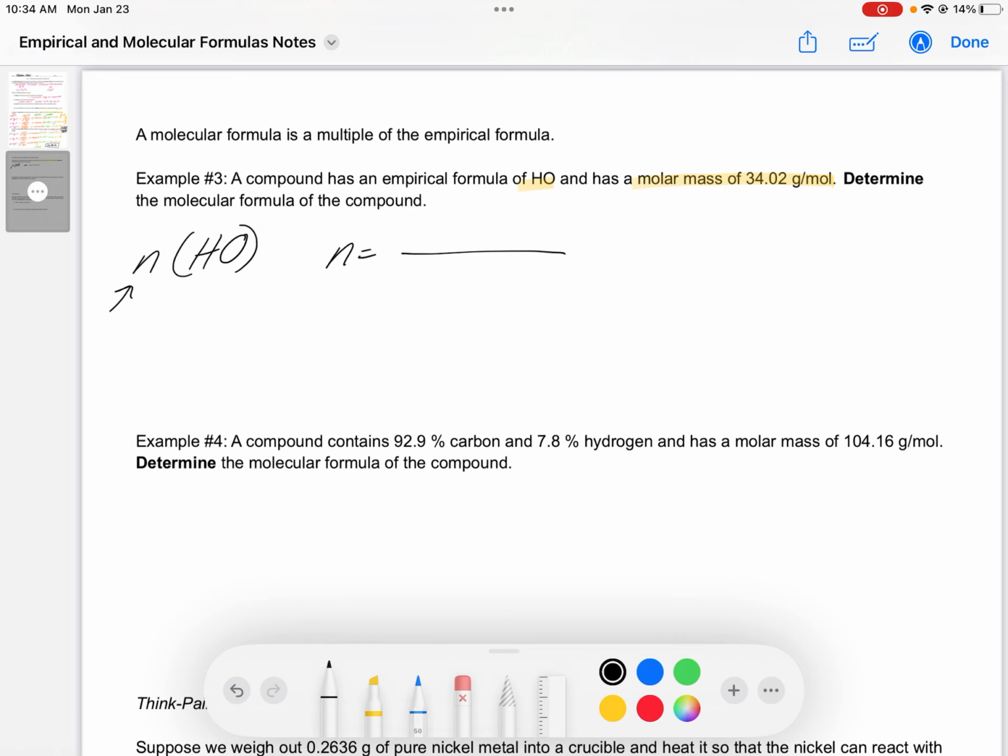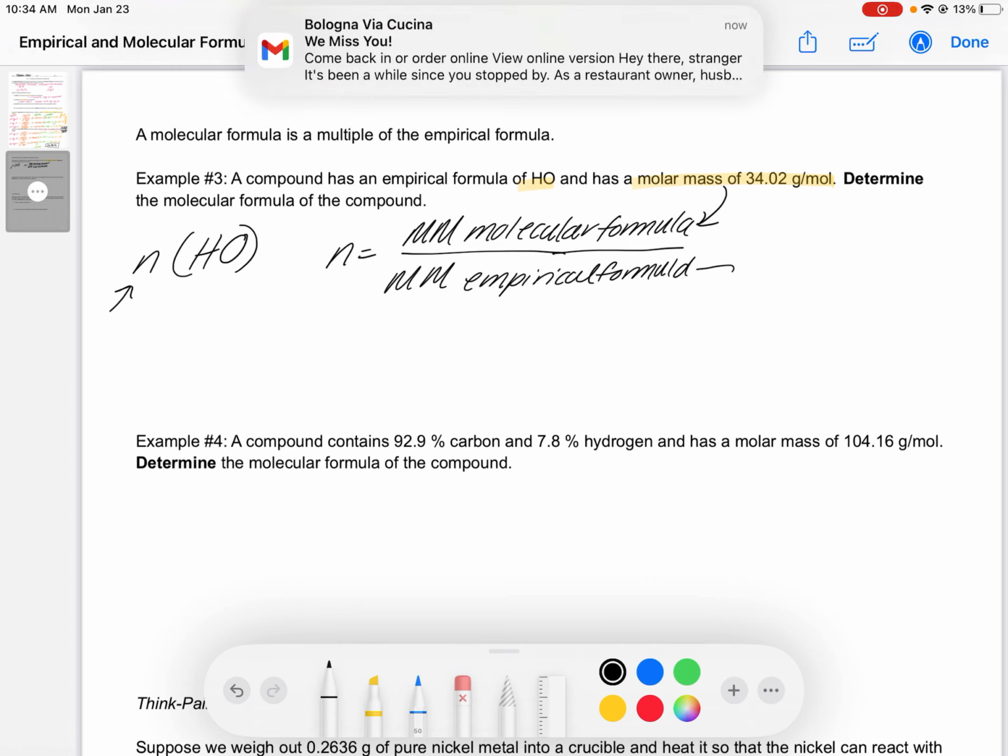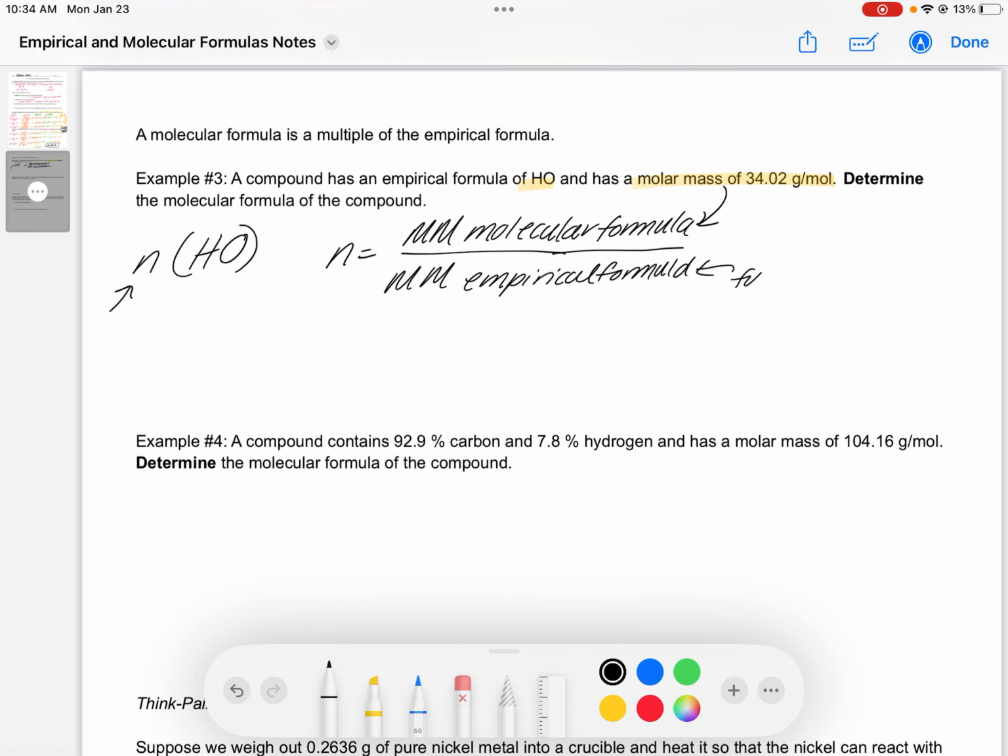To find n, we are going to take the molar mass of the molecular formula, which will always be given to you, and divide it by the molar mass of the empirical formula, which we have to find. The molar mass of the empirical formula is something that we're going to be able to calculate. The molar mass of the molecular formula should always be given to you in the problem.